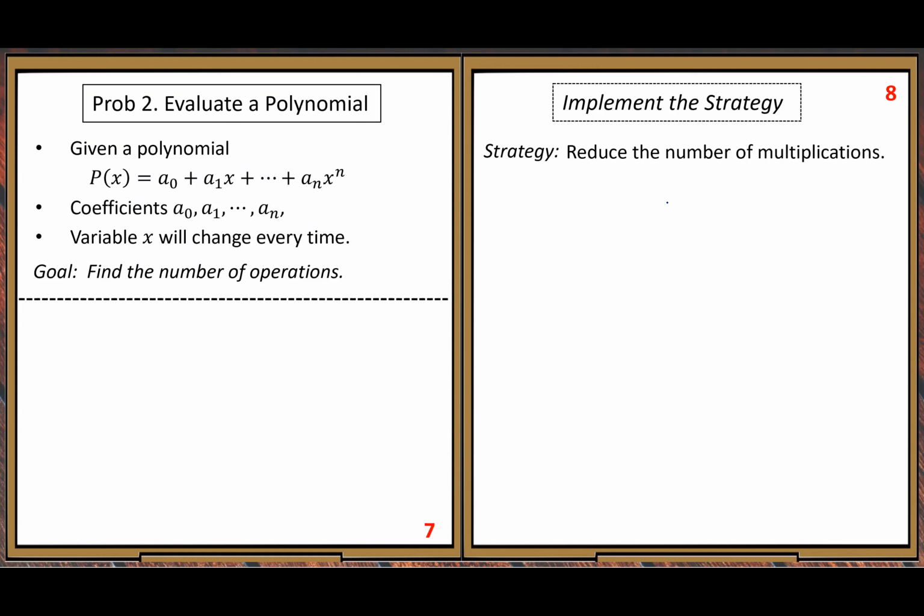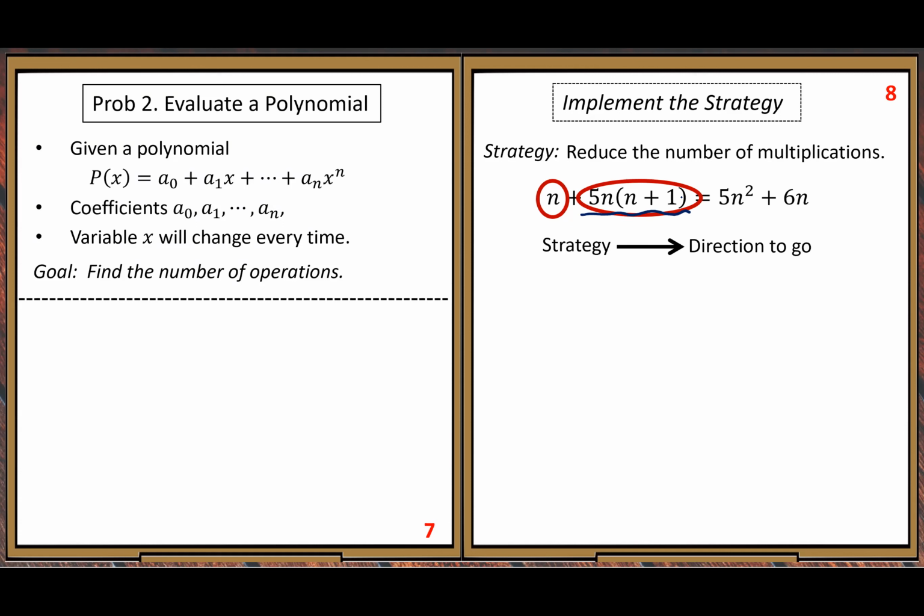All right. So here, the strategy. We want to reduce this part, the number of multiplications. Not the first term, the second term. So strategy is the direction to go, and execution is how to get there.